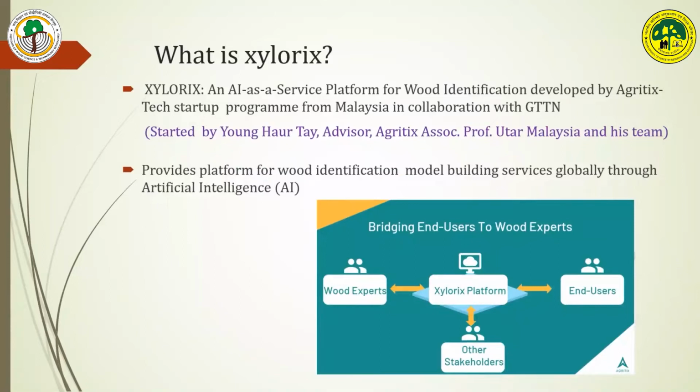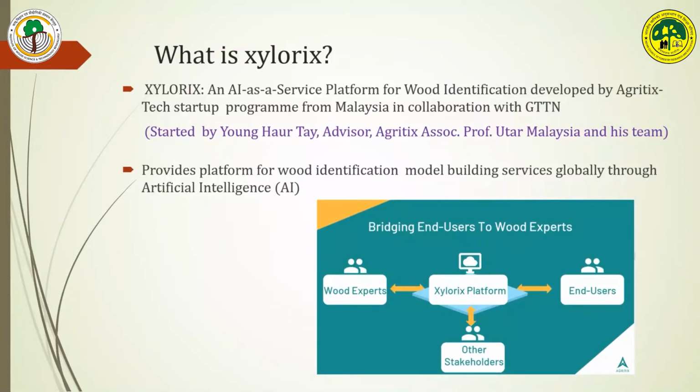Xylorix is an artificial intelligence service platform for wood identification that is developed by Agritix, a technical startup program from Malaysia, in collaboration with the GTTN. It was started by the Young Herte advisor of Agritix and associate professor of Universiti Putra Malaysia and his team.